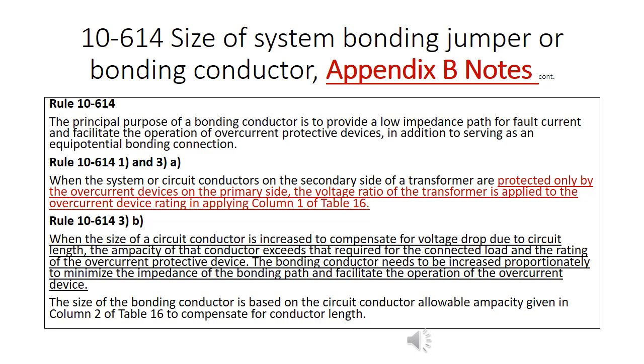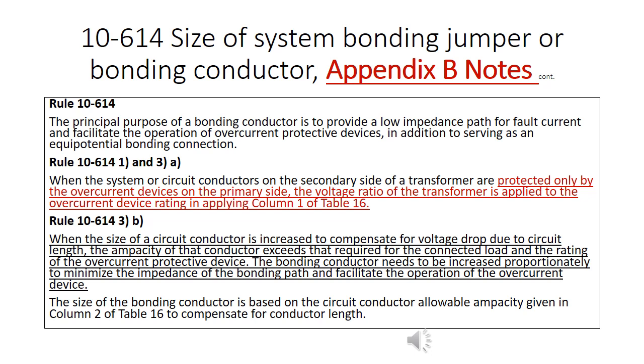The principal purpose of the bonding conductor is to provide a low impedance path for fault current and to facilitate the operation of overcurrent protective devices, in addition to serving as equal potential bonding connection. So question, when they talk about the fault current and facilitate the operation of the overcurrent device, what does the word facilitate mean?